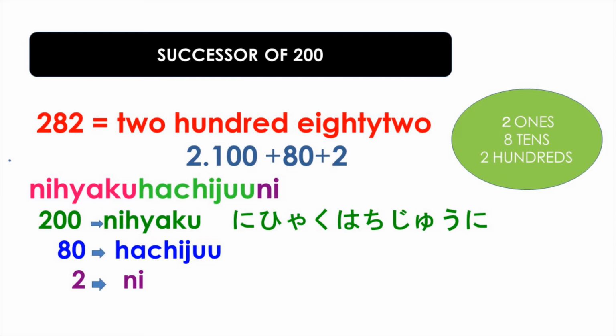So the number will be Ni Hyaku Hachi Ju Ni. Or by the splitting method, 2 into 100 ni hyaku, ni for 2 and hyaku for 100. For 80 the number will be Hachi Ju, and for 2 that will be Ni. So Ni Hyaku Hachi Ju Ni.